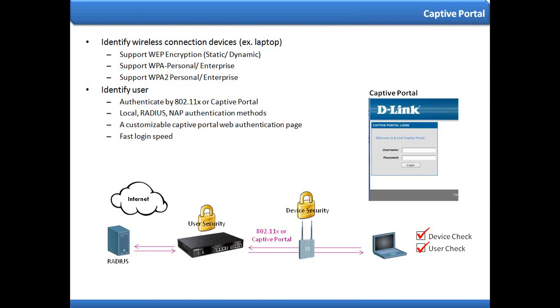So it adds a second layer of security onto the network for either guest users or local users. Once it's authenticated, then the user is allowed to get internet access.